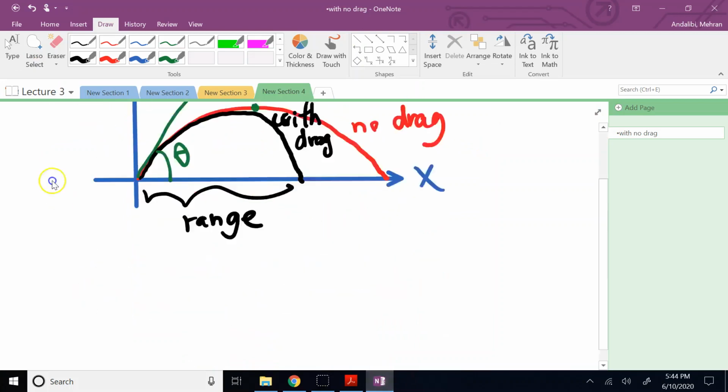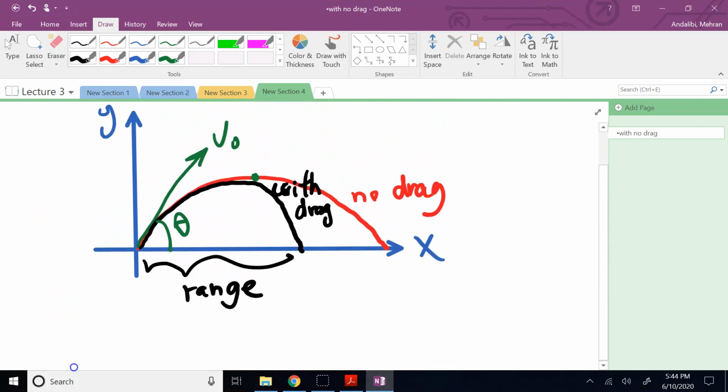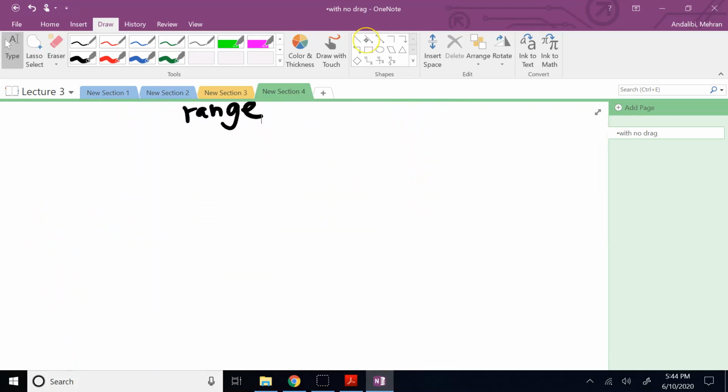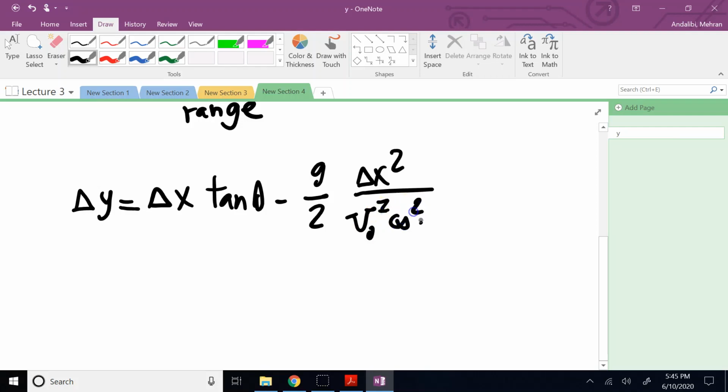So first thing is, what is range? Okay, so if you remember our equations, if I go back to the time independent equation between x and y, delta y is delta x tangent of theta minus g over 2 delta x squared divided by v naught squared cosine theta squared, right?